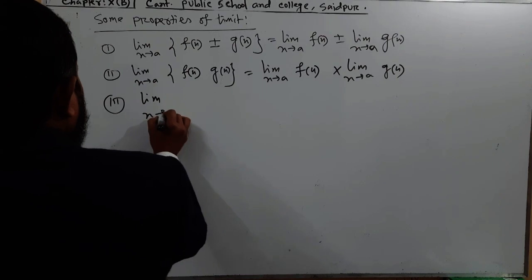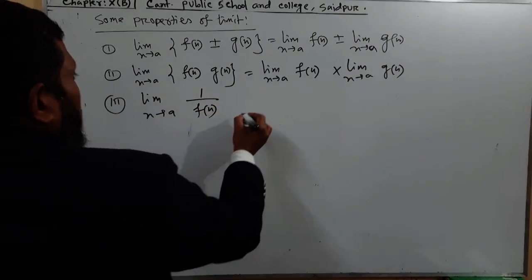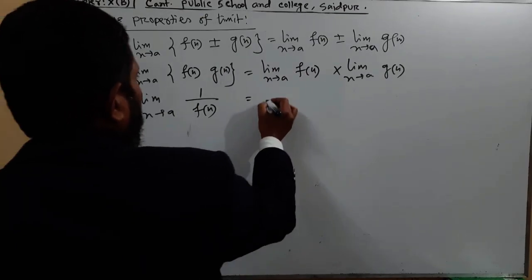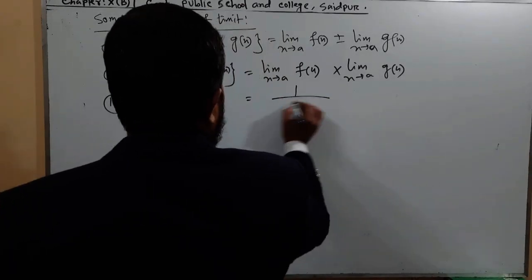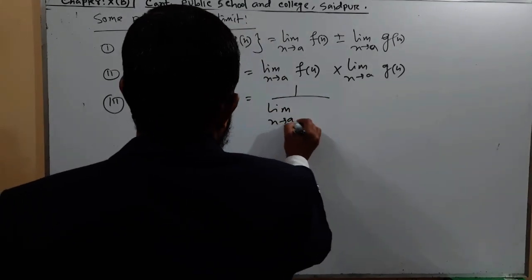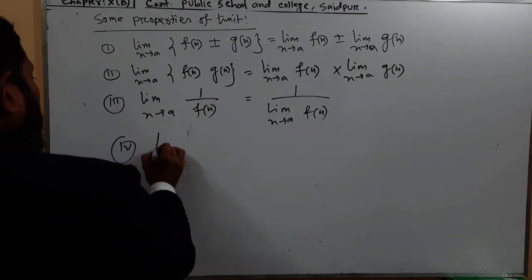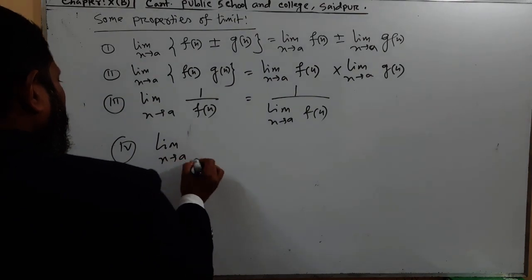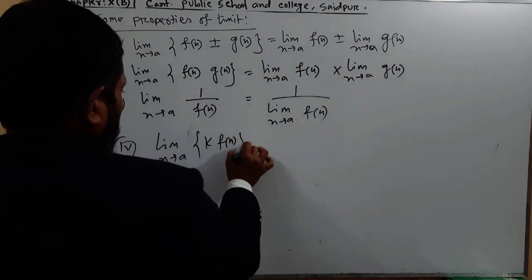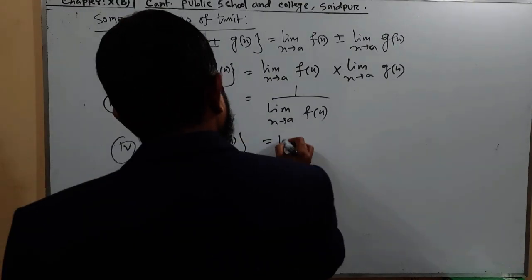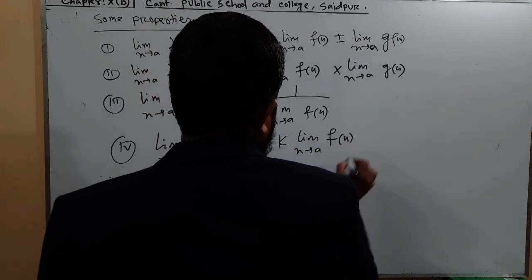Limit x tends to a of 1 by f of x, this we can write as 1 divided by limit x tends to a f of x. Limit x tends to a of k f of x is k times limit x tends to a f of x.